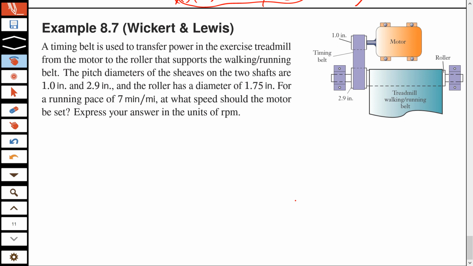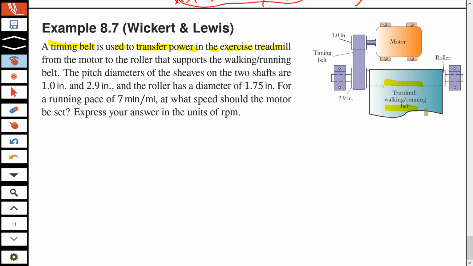The next question is, you again have a timing belt, okay, and that is used to transfer power in the exercise treadmill.